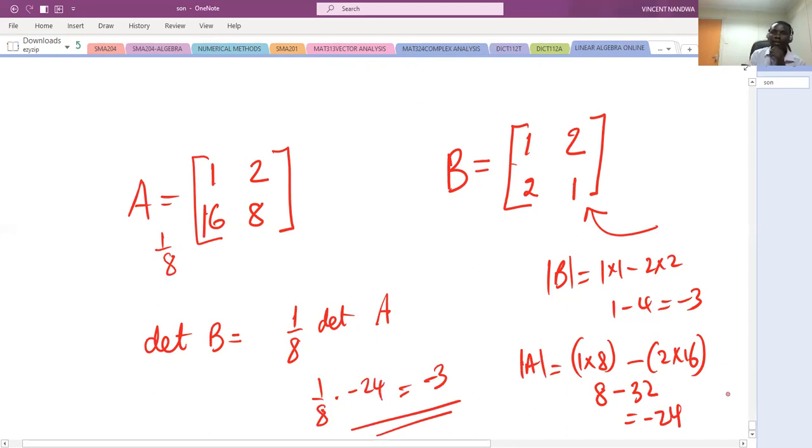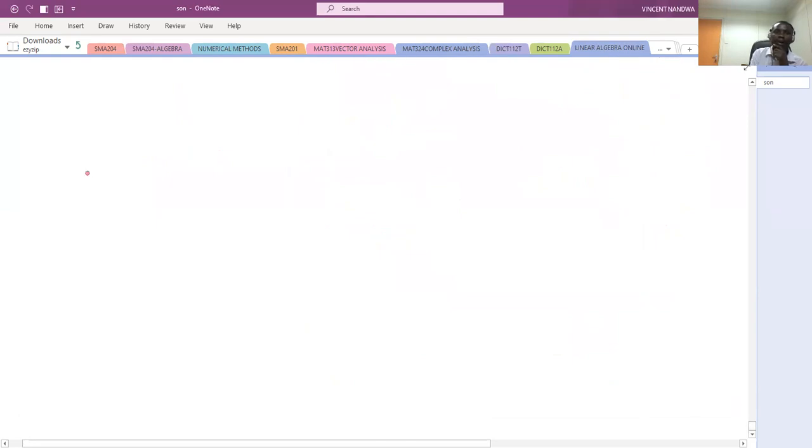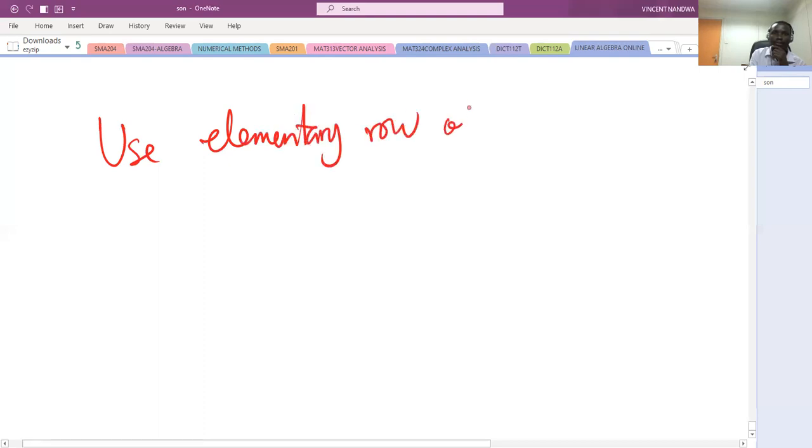So with these properties now, let's do a specific example. Use elementary row operations to obtain the determinant.